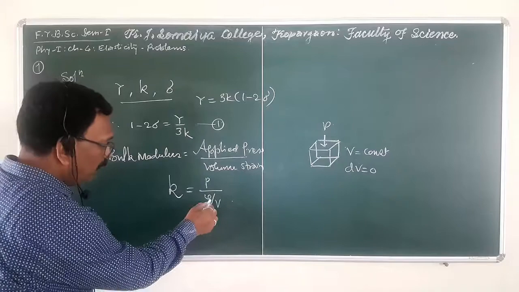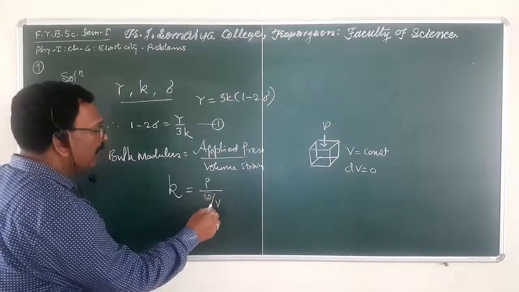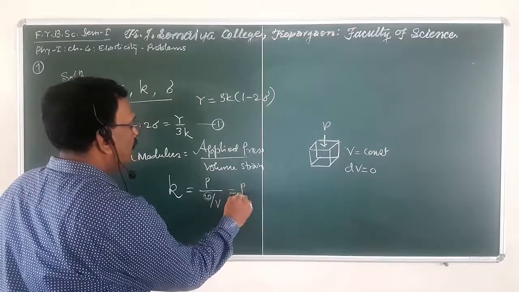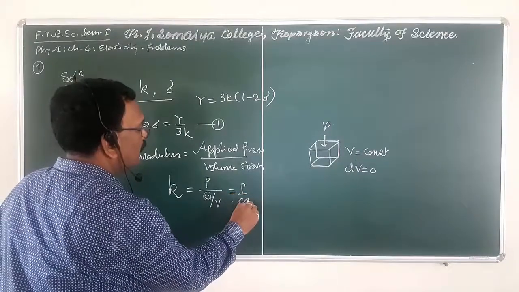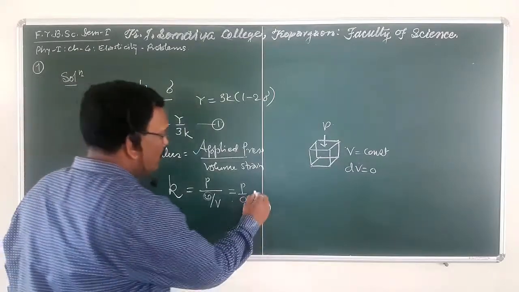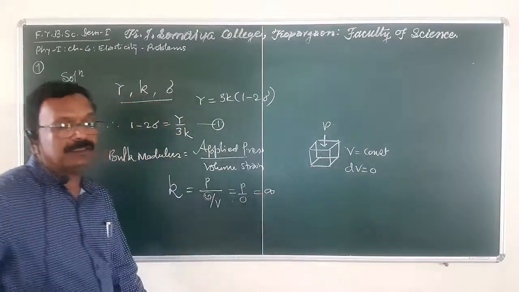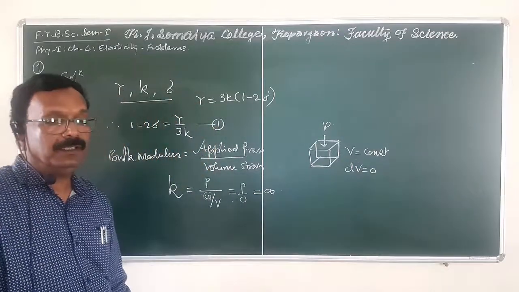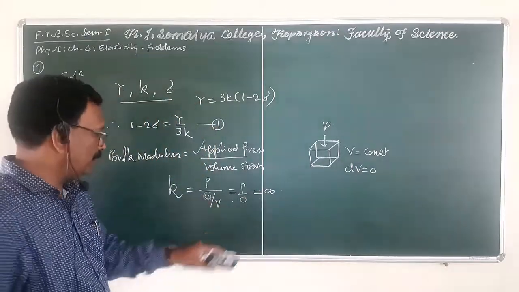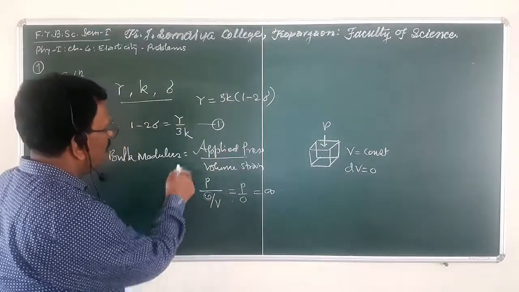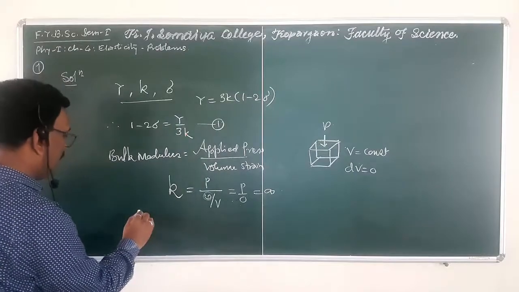Therefore, if we substitute 0 for the change in volume dV, then simply we have P upon 0, and P upon 0 is nothing but infinity.